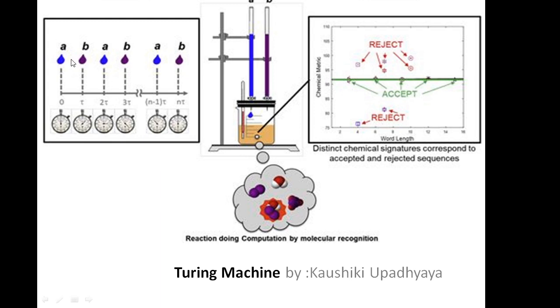Similarly, over here we have given a definite pattern of input like AB, AB, and we are observing them at a time t, 2t, 3t till nt. At a particular time, the accepted expected output is called the accept state, and if it is behaving in some other way, then it is called the reject state. So for every state we have an accept and a reject space. This is one model that they have derived via Turing machine.